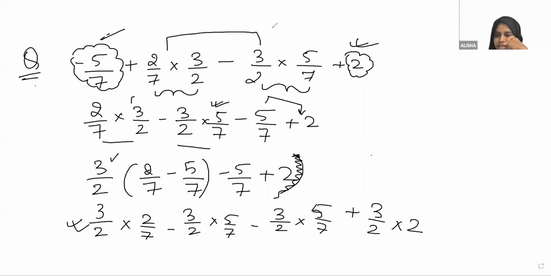Yes. Yeah. Okay, if yes, then try another question. You don't have to solve this whole question. Just tell me what common, how will you form the bracket? Okay, just do the first step.